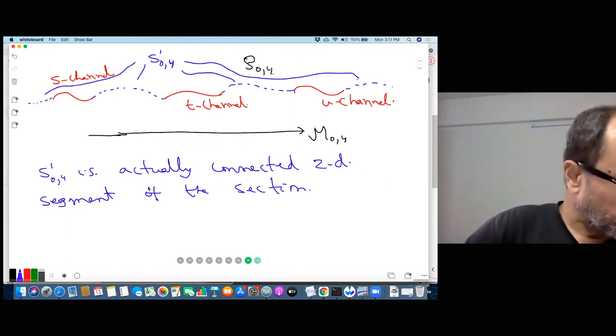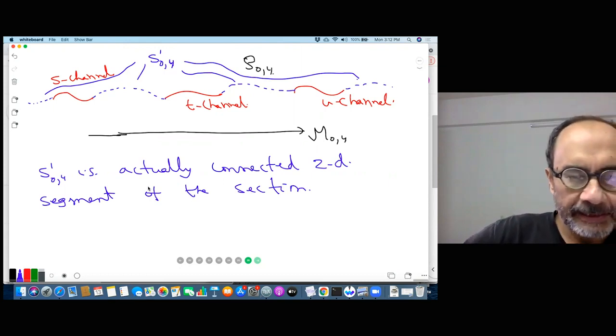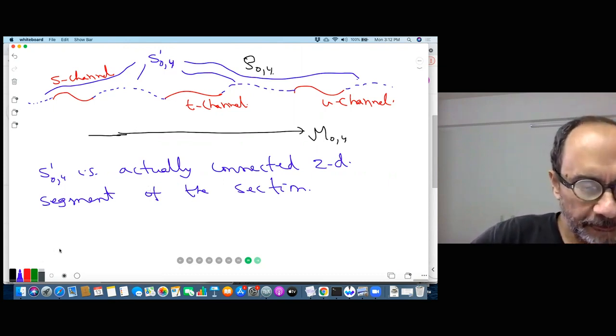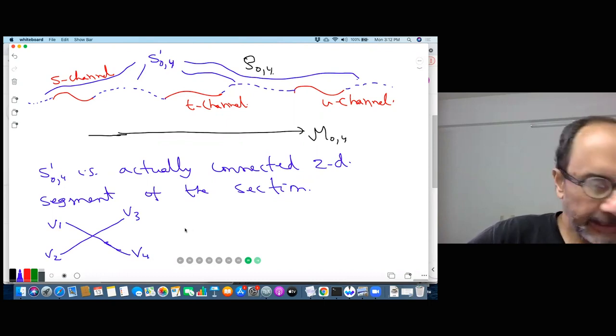So what's the interpretation of this? The interpretation of this S prime is that it represents a contact diagram with V1, V2, V3, V4. And the expression for this is we have a GS factor.